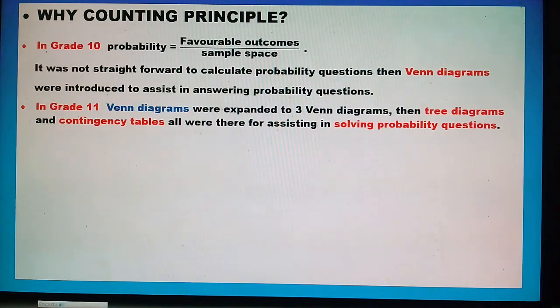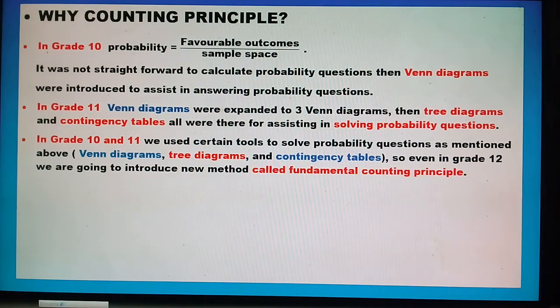We need certain tools to assist us. So even in Grade 12, we are going to be introduced to a new method of calculating probability. That method is called the fundamental counting principle, and it is also going to assist us in solving probability questions.